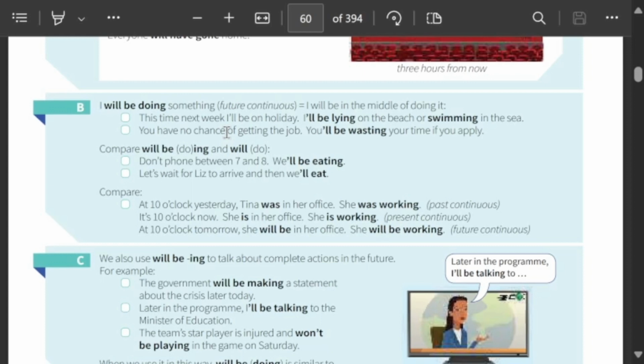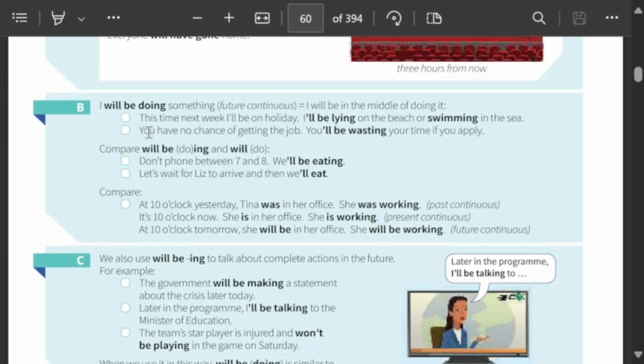You have no chance. In this case you can use the negative like this. Okay? It's the same as you don't have a chance. You have no chance of getting the job. And then if you apply in the future, you will be wasting your time. That's a continuous, future continuous. Future continuous, okay?